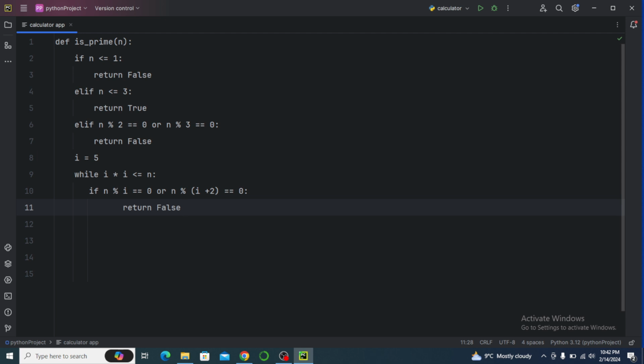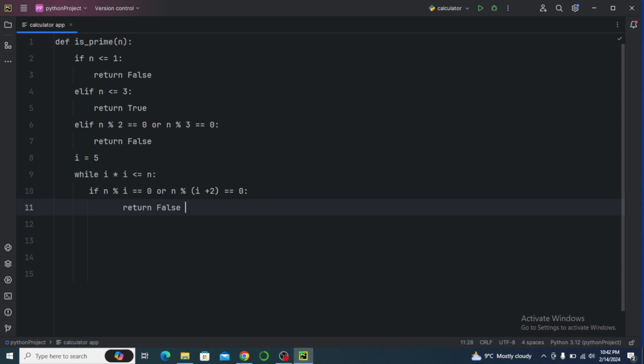Now we need to add one more code also to be able to capture all that will help us dictate if a number is a prime number or not. So we have said that this one is within the loop. This checks if n is divisible by either i or i plus 2. And this, the last code we're going to use, is i plus equals 6, which is the increment of i by 6.